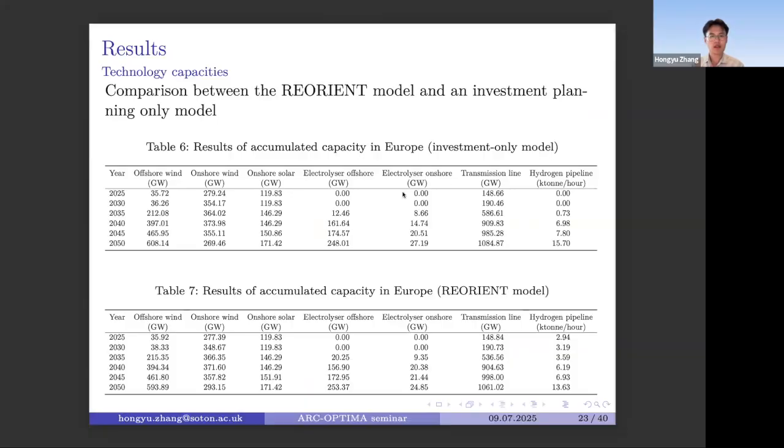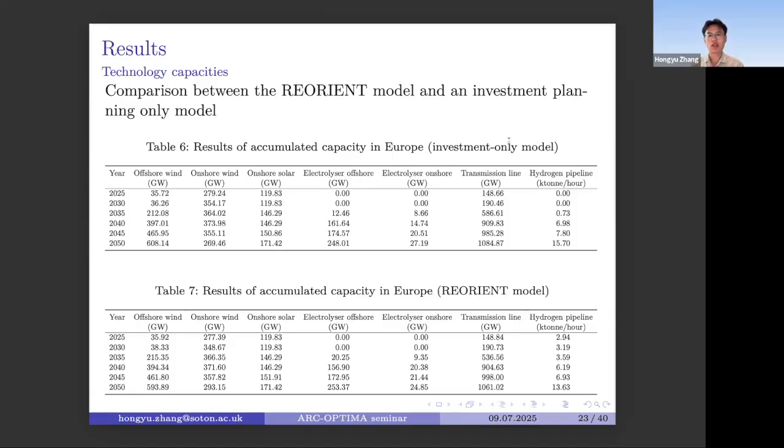So let's take a look at the mix of technology in Europe. This is very aggregated, meaning that we consider the entire Europe for wind, solar, electrolyzer, onshore, offshore, transmission line, and so on.